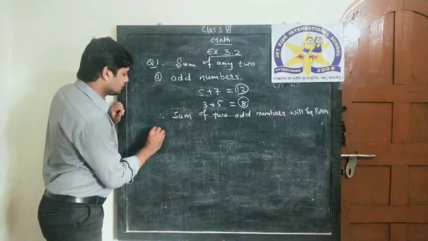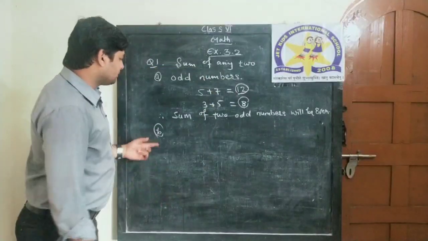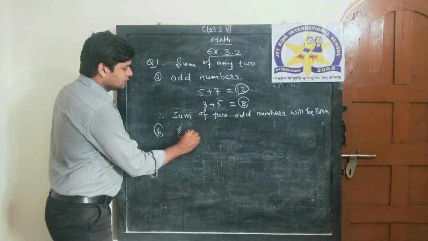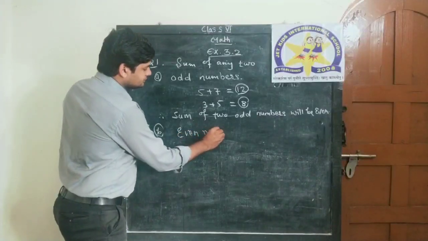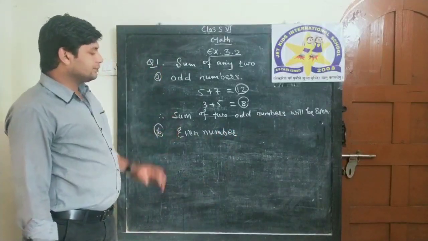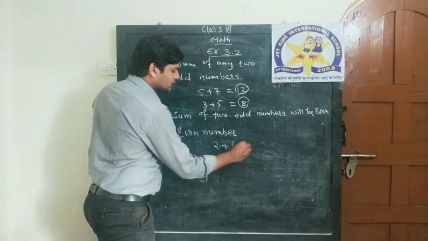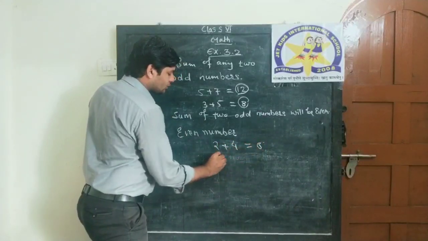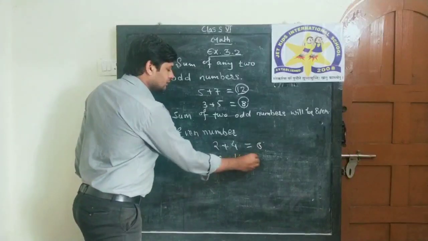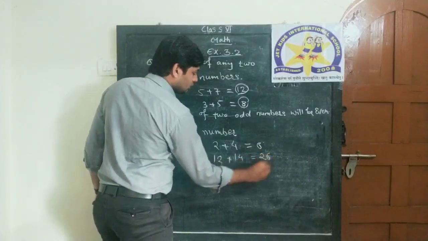Okay, second. What is the sum of any two numbers? B is given, that is any two even numbers. I am taking simple basic even numbers: 2 plus 4, that is 6, and 12 plus 14, that will be equal to 26.